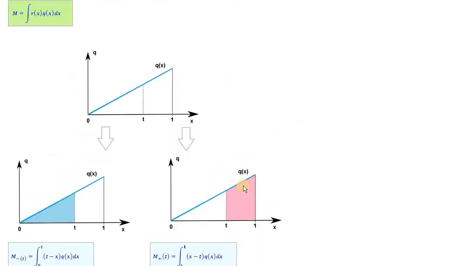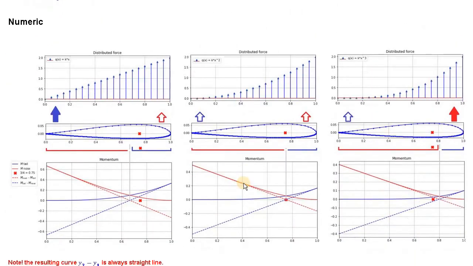I have plotted three different force distribution functions: linear, quadratic and cubic, and you can look at the equilibrium point. The first graph is for the linear distribution.